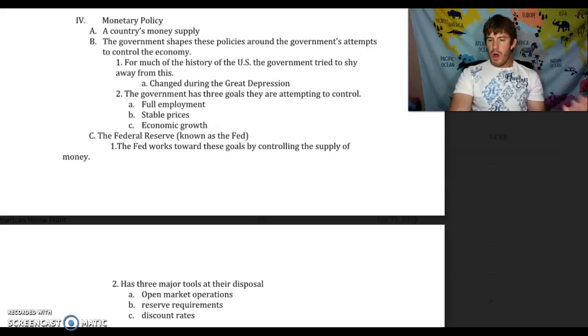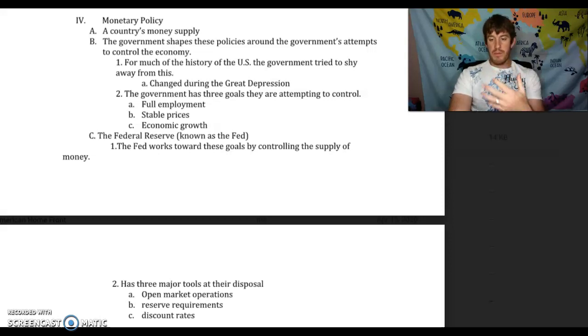And so open market operations, guys, basically means they're buying and selling government bonds on the open market. And so the thinking behind it is, okay, we want to decrease the money supply. We're going to go out and buy a bunch of government bonds. The Federal Reserve is. And so, I'm sorry, that would create an increase, right?